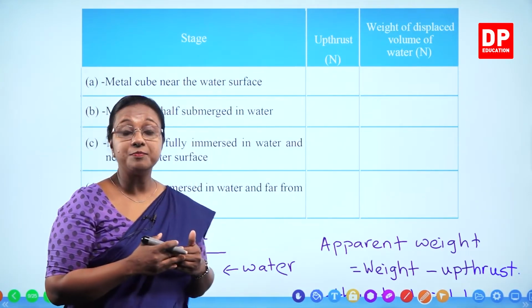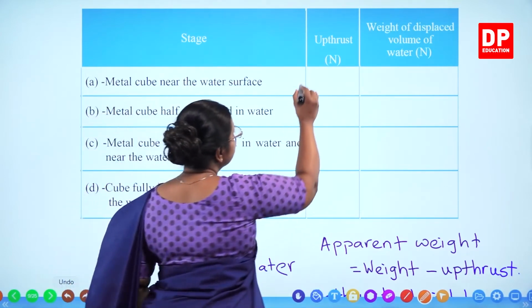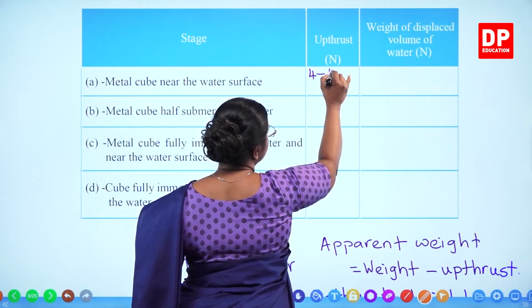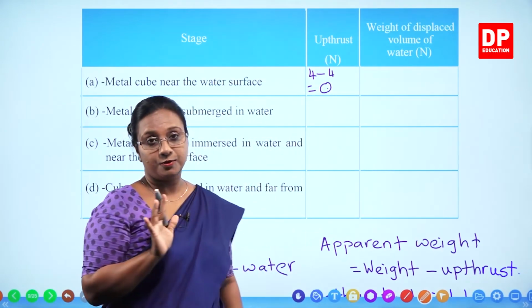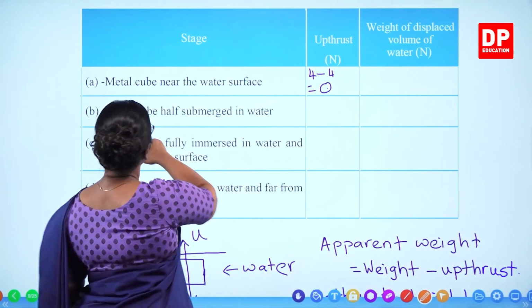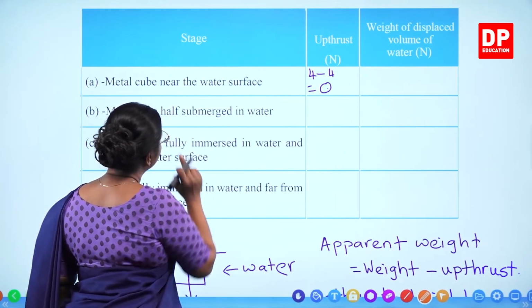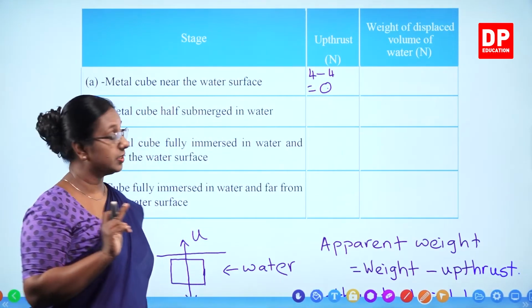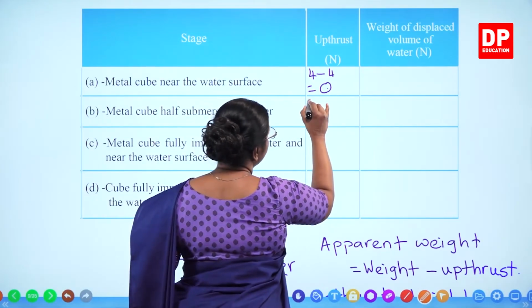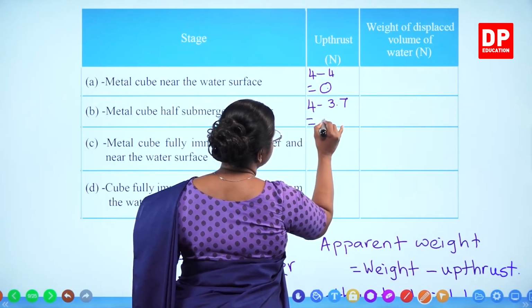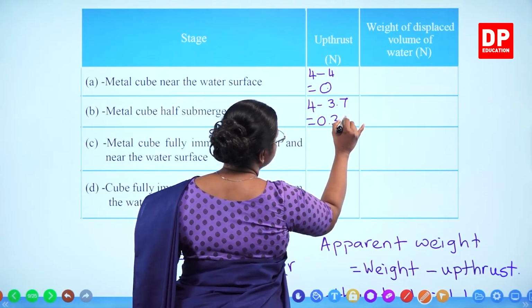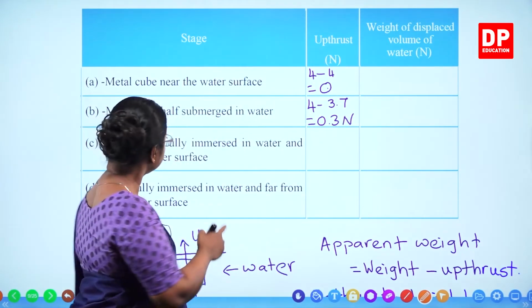So, is there an upthrust? No. So, here the values are 4 minus 4, that is equal to 0. Upthrust is 0. At the same time, if we look at the instance where metal cube is half submerged in water, the weight was 3.7 Newton. So, 4 minus 3.7, that is equal to 0.3 Newton.